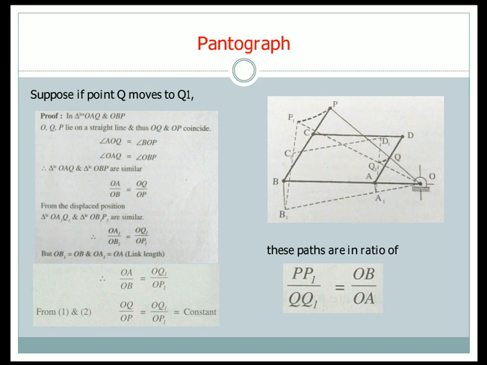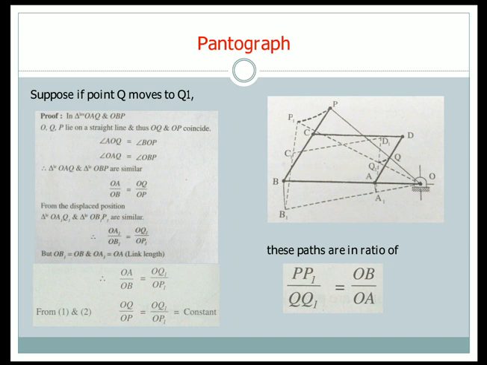Now let us consider triangle OAQ and OBP. Here OQP is on a straight line, and thus OQ and OP coincide. If you look at the figure, they both are on a straight line. So angle AOQ is equal to angle BOP.